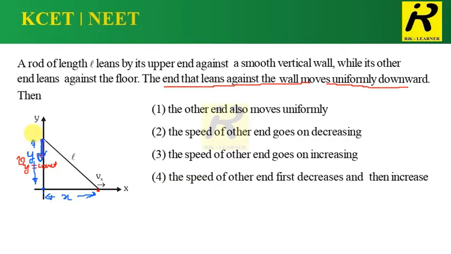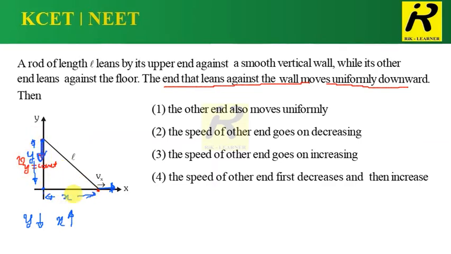So when this edge comes down, this edge moves here like this. In this situation, y is decreasing and x is increasing. This is the main hint we must observe first.